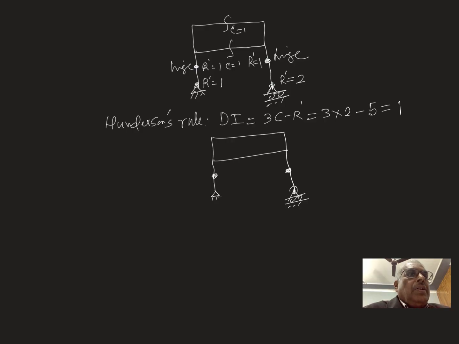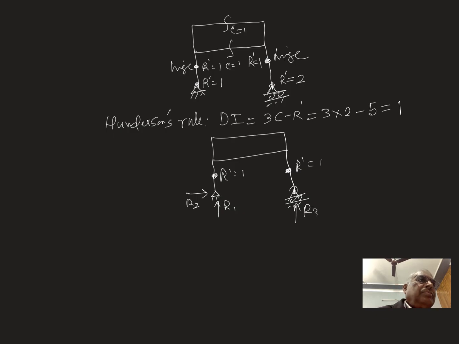Now it will change. So this is 1, this is 1. Support reaction here is 2, here is 1, so 3 support reactions. External indeterminacy is 0. Only there is internal indeterminacy.